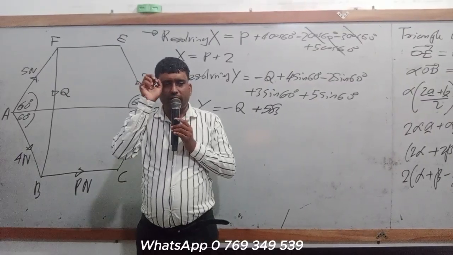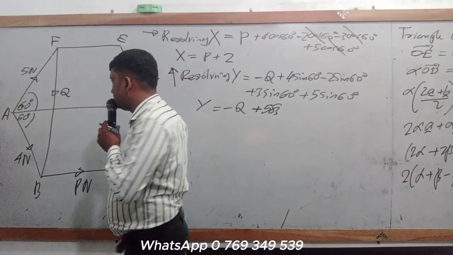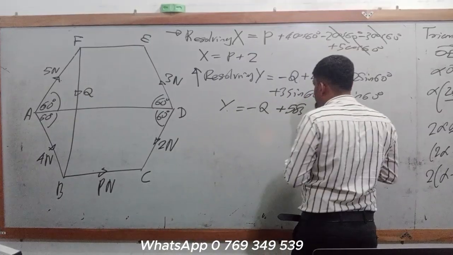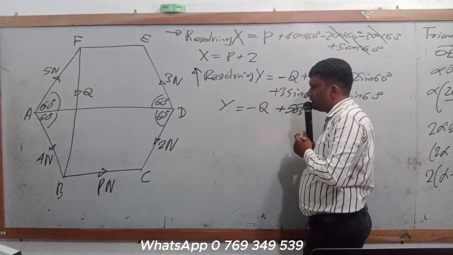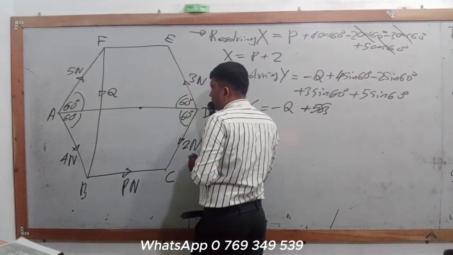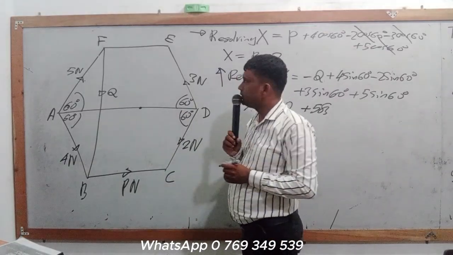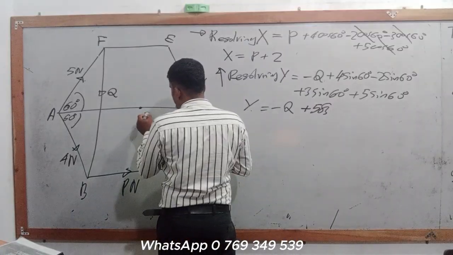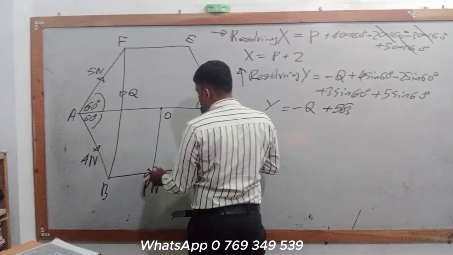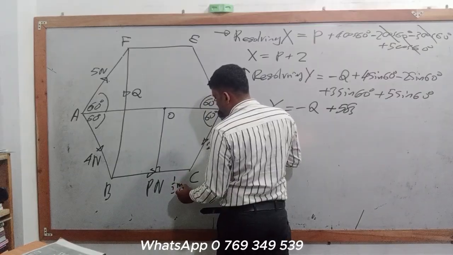The system of forces reduced to a couple. First one we can take moment from this one. I am taking G from here, the center of this one. This is the O. This is the perpendicular distance. This is 1 meter, this is half meter.